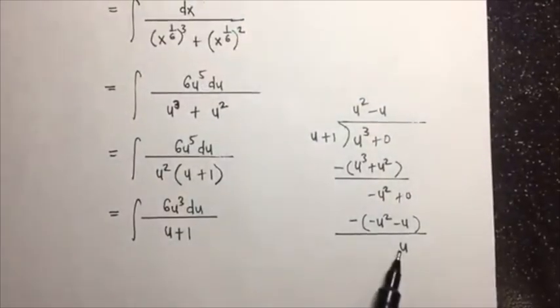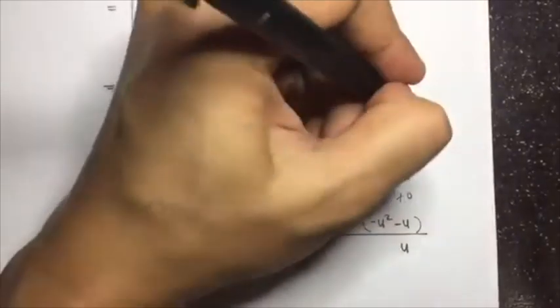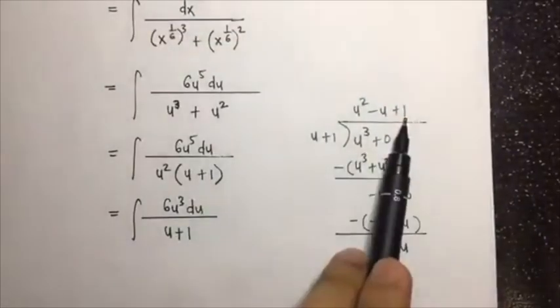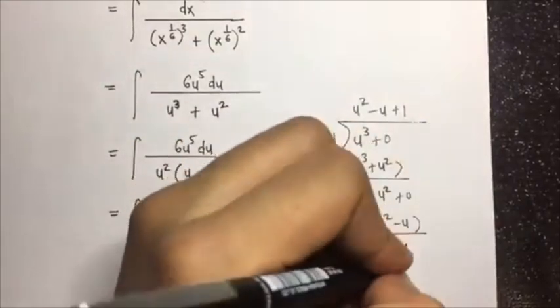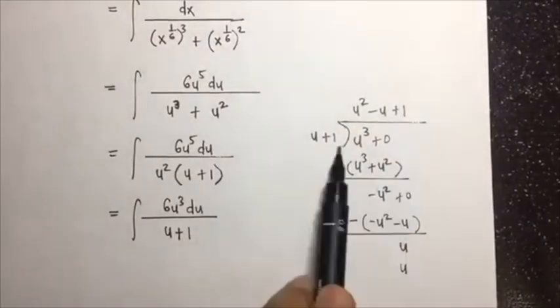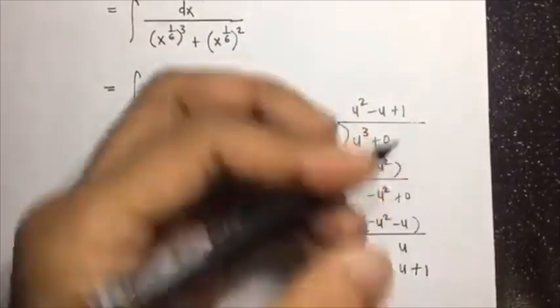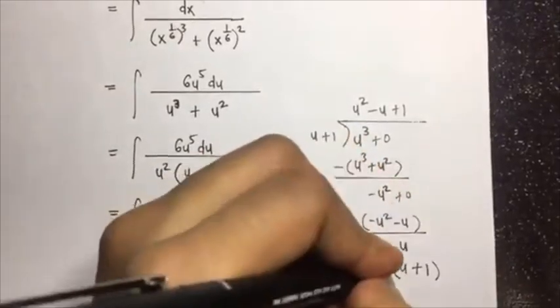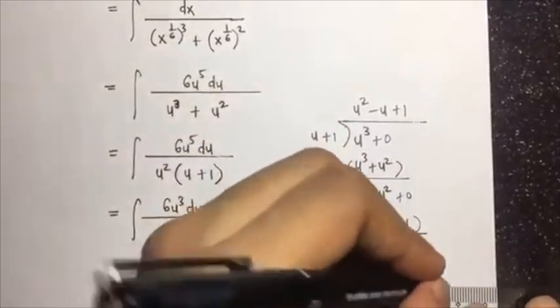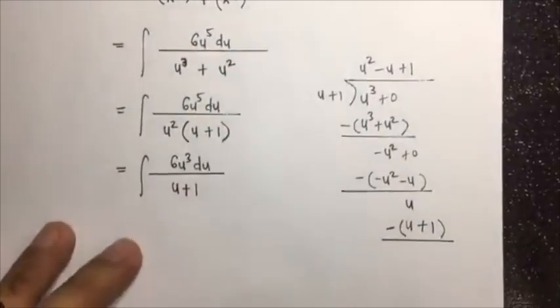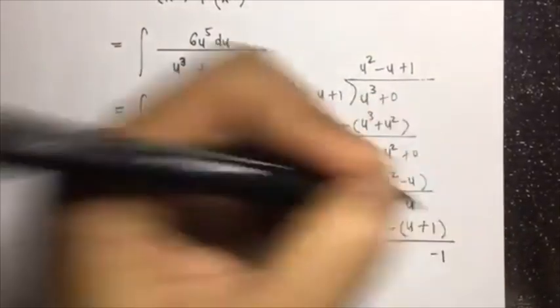Okay, and then divide again, u divided by u, so that is plus 1. 1 times u is u. 1 times 1 is plus 1. And then subtract. So we will have a remainder of negative 1.